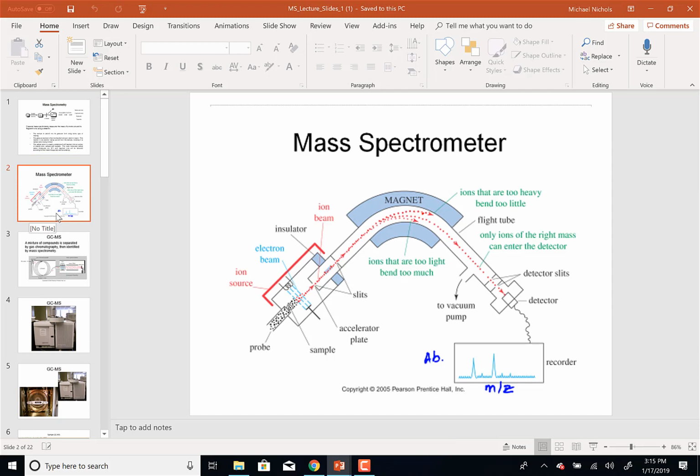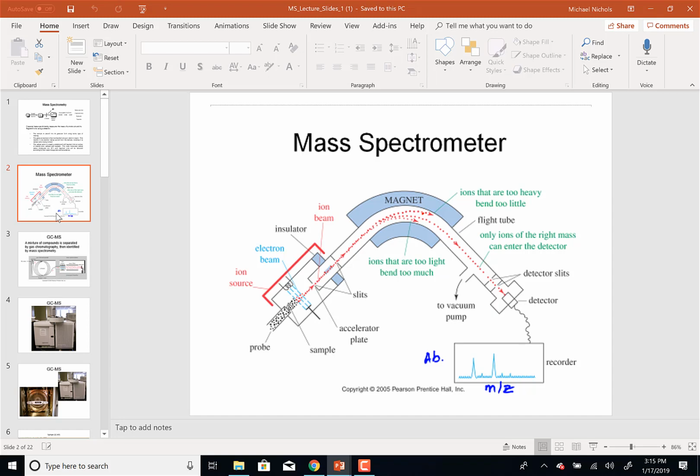So in the instrument, this is a classical instrument that probably nobody uses anymore. Matter of fact, I don't know that I've seen one of these in a long time. We have to remember some basic physics here. So once you take the molecule and you smash it with the electron beam, then you have to get it into this tube.